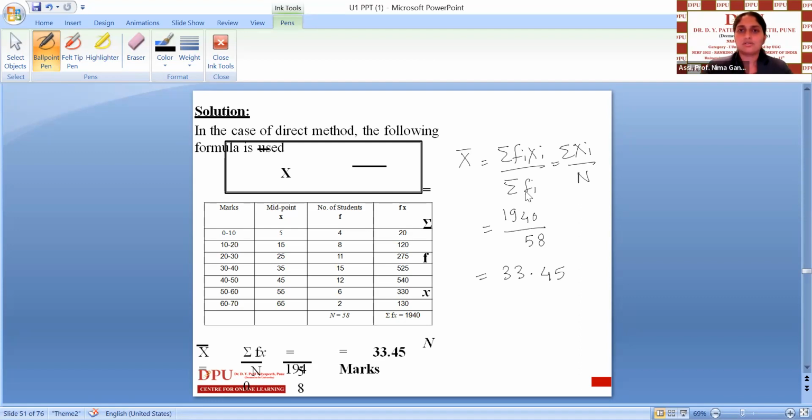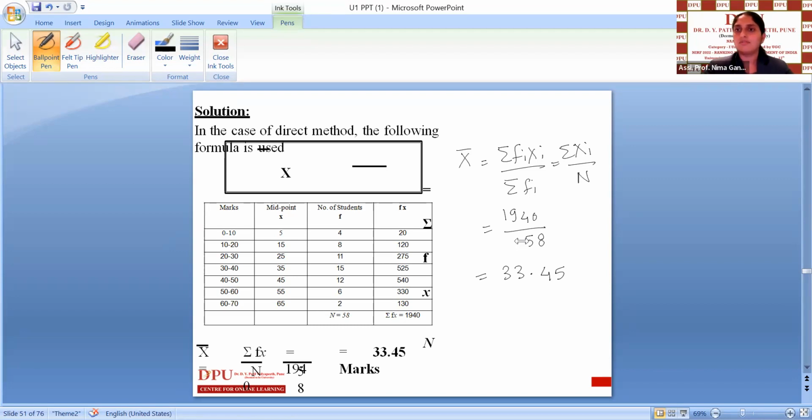So this is how we do it. Why is the midpoint the correct method? We don't know what the distribution is within the group, so using the midpoint we get a closer answer.